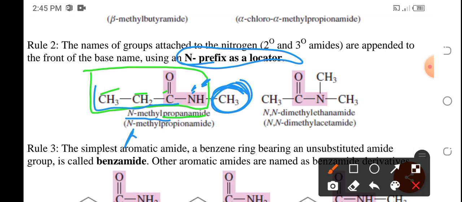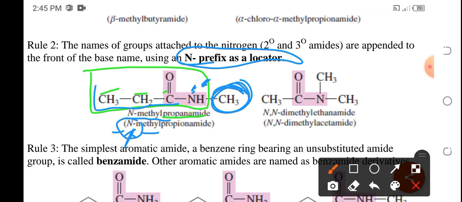Take note that we are using a dash to separate the locant N and the substituent because N, even though it's not a number, is serving as a locator, so therefore, we are going to separate it from the name of the substituent with the use of a dash. Okay.